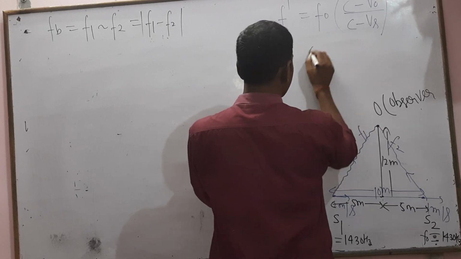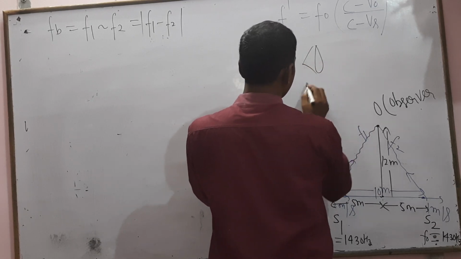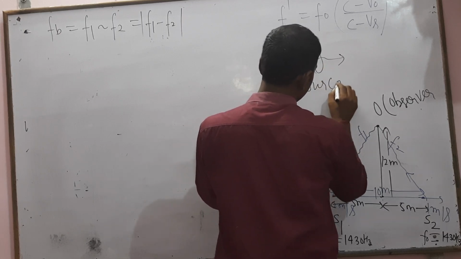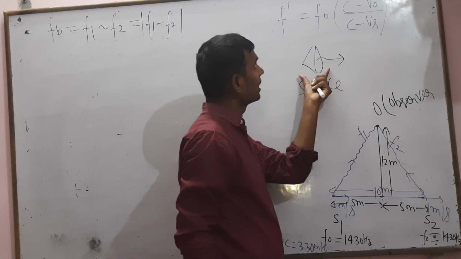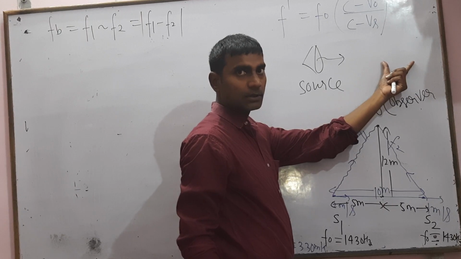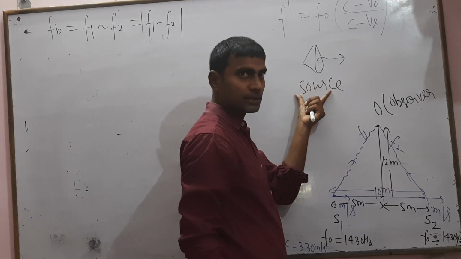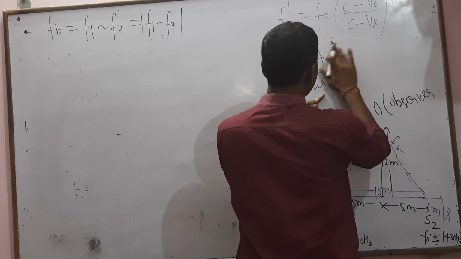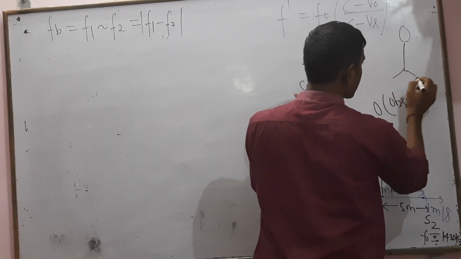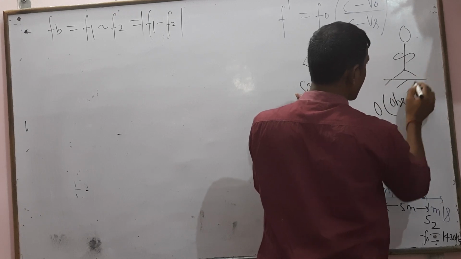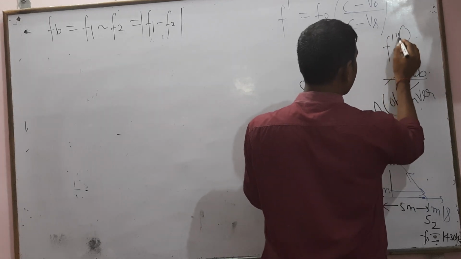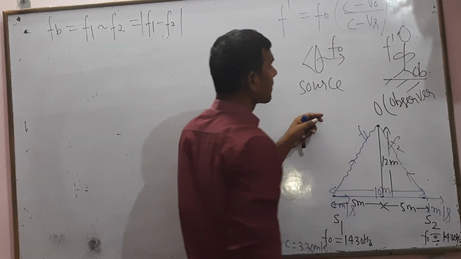Here is the source, and this is the observer. This concept is very important. The apparent frequency heard by the observer from the source, if the frequency of the source is f naught, is f prime.